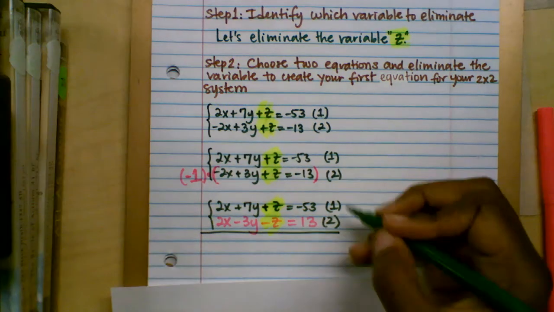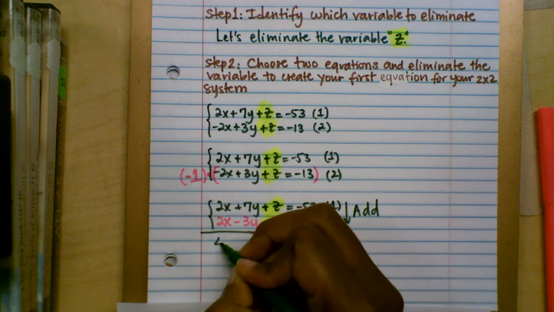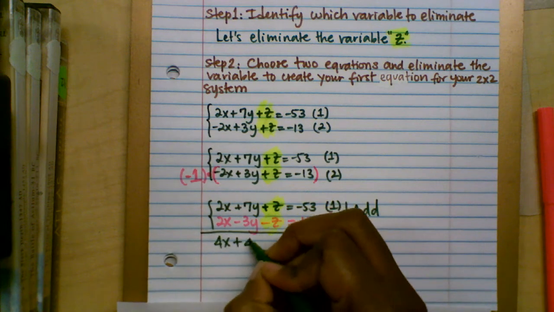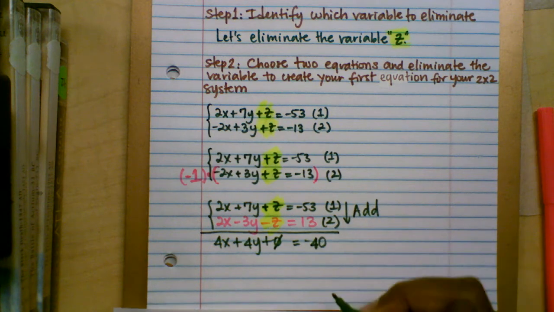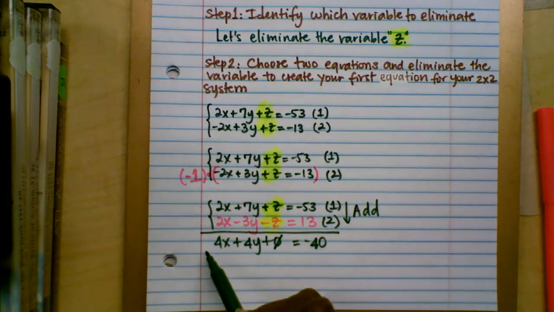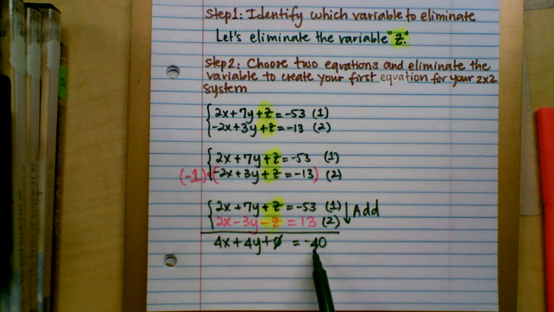And then we can now add vertically. When you add, you end up with 4x plus 4y, which adds up to 0, equal to -40. Now I can see that each coefficient of x and y, as well as the constant -40, are divisible by 4.